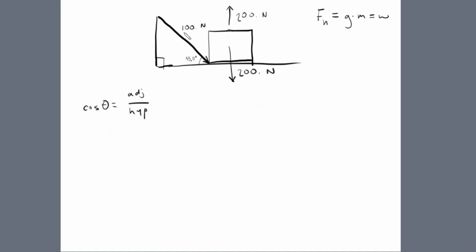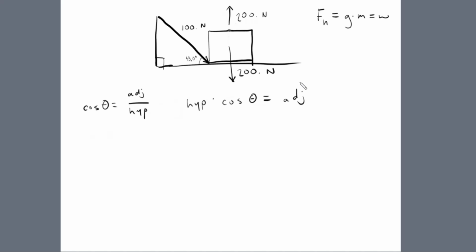Since we know the cosine and the hypotenuse, we can solve for the adjacent. To do so, we multiply each side by the hypotenuse, which gives us the hypotenuse times cosine theta is equal to the adjacent side.